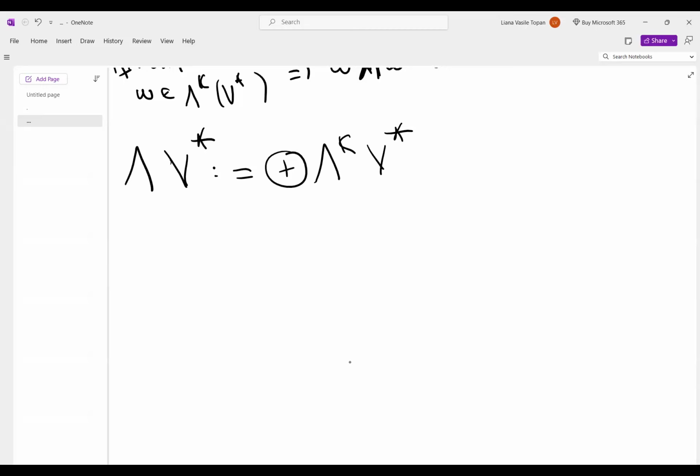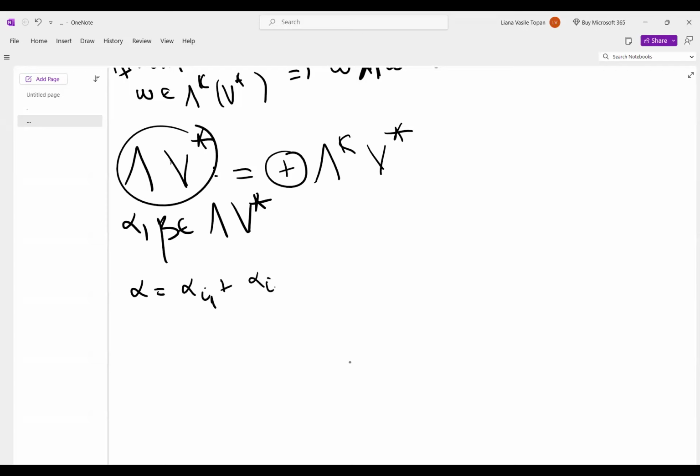And then we take alpha and beta here, two elements of the exterior algebra, two forms here, and well, this means what? This means that alpha belonging to this set means that alpha will be of the form alpha I1 plus alpha I2, a finite sum, plus alpha IM, such that every alpha here is in its corresponding exterior power.